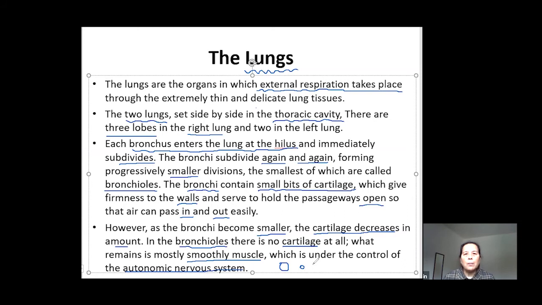That's why people get severe shortness of breath, because there is no rigid structure there. Cartilage will not change the size, but the smooth muscles truly change the size.